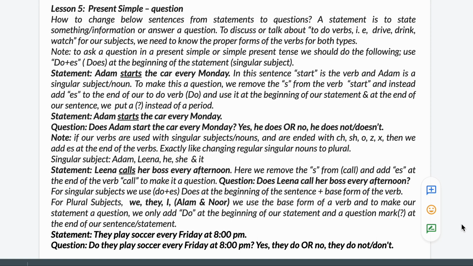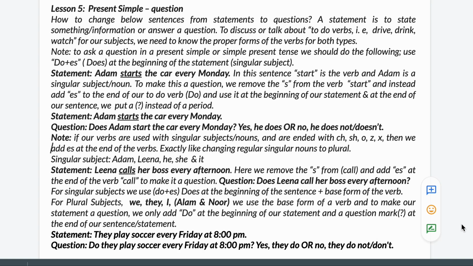Today we are going to discuss our present simple or simple present tense. We discussed and defined the meaning and explained the use of present tense, both with singular and plural subjects.